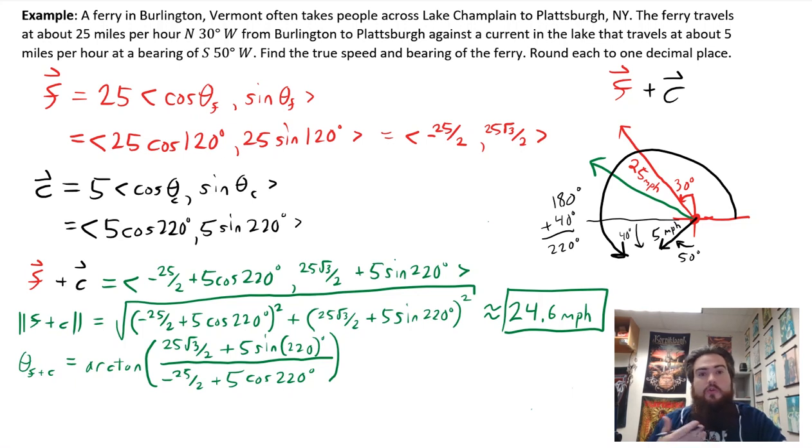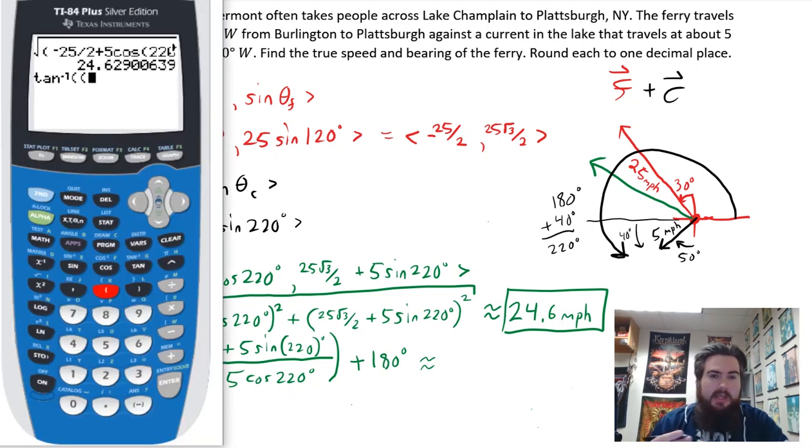In order to get to the correct angle measure in quadrant 2, we are going to need to take the results of this arctangent value, and if we add 180 degrees to that, that will give us the correct angle measure in quadrant 2. Or if this was in radians, we would be adding pi. So let's bring up a calculator here. I'm going to work through this relatively fast.